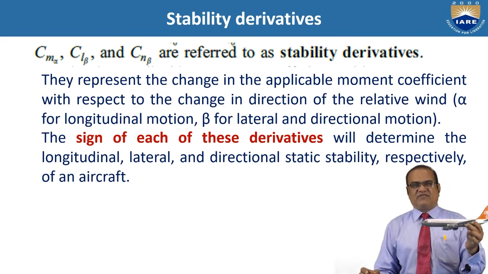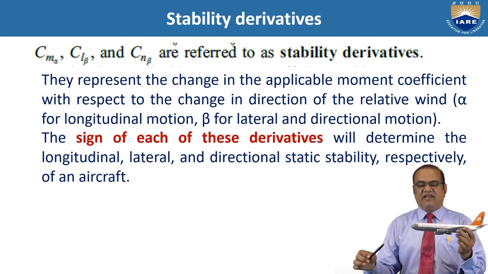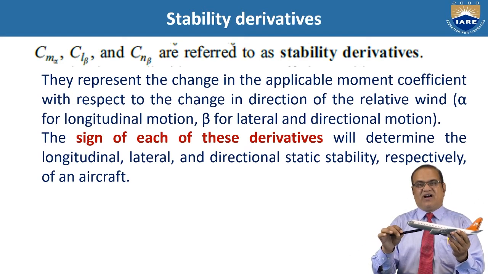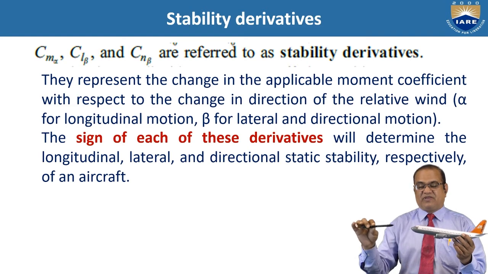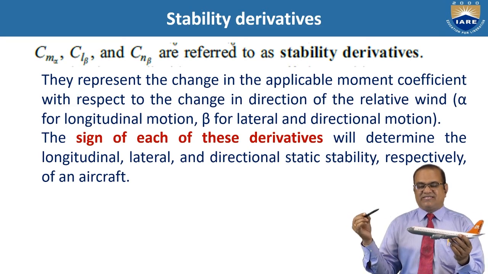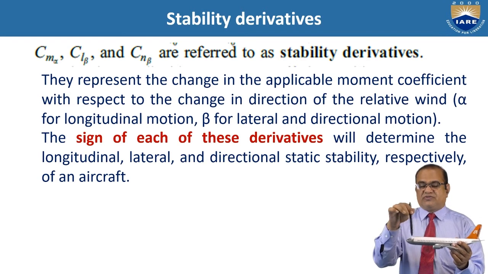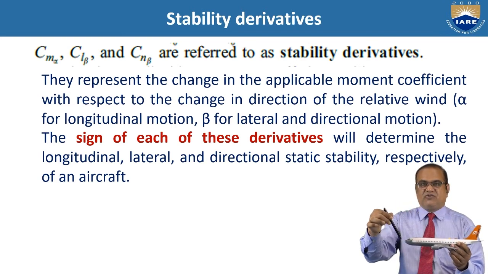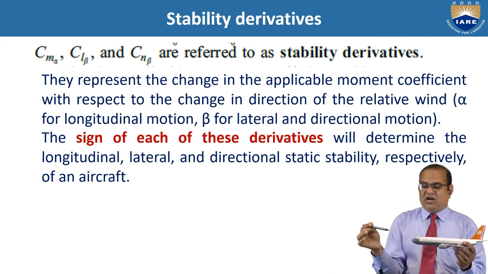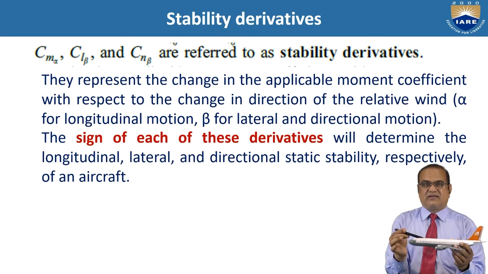You see, the aircraft is flying like this, and if the nose is up, it is alpha, this angle. But if the aircraft is flying like this and your wind direction is like this, then from this longitudinal axis, this angle towards the wind direction is called the beta.